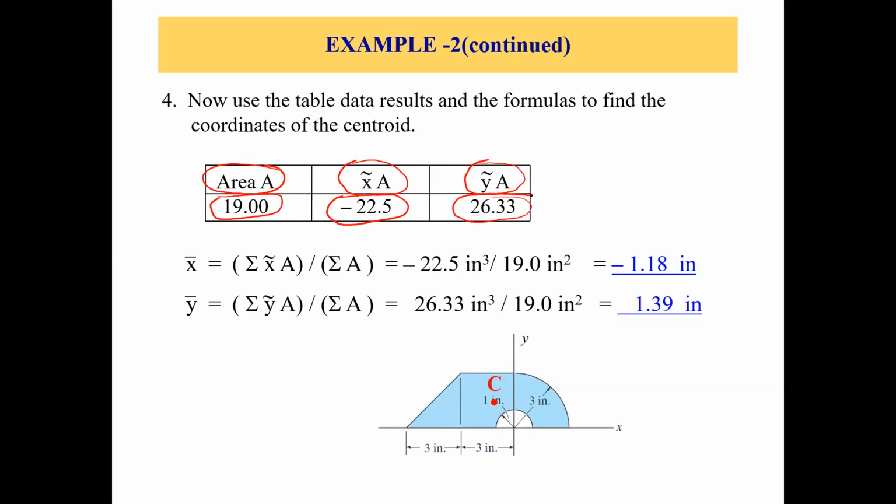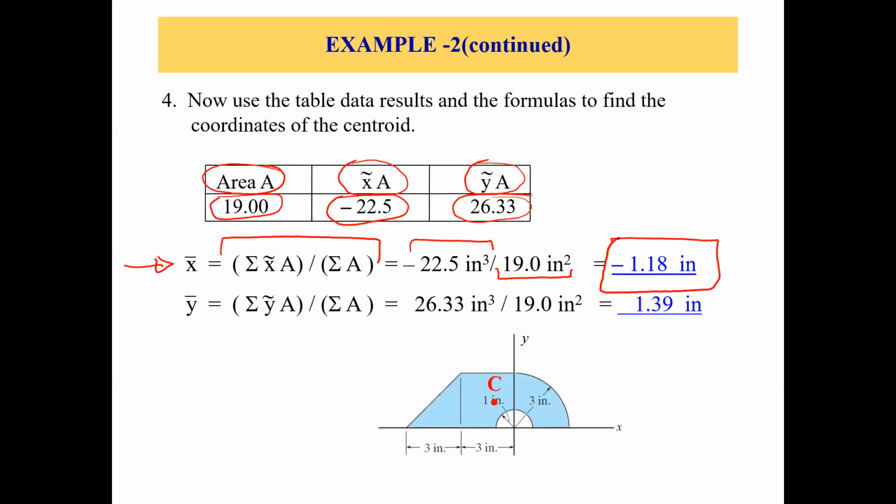Now just use simple equations. X bar equals summation of x bar times area divided by summation of area. Just put in the values: negative 22.5 inch cube divided by 19 inch square, so we get negative 1.18 inches as our x bar.